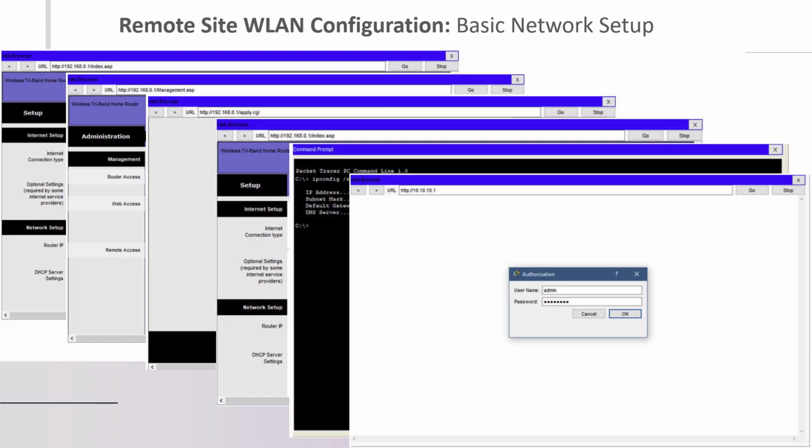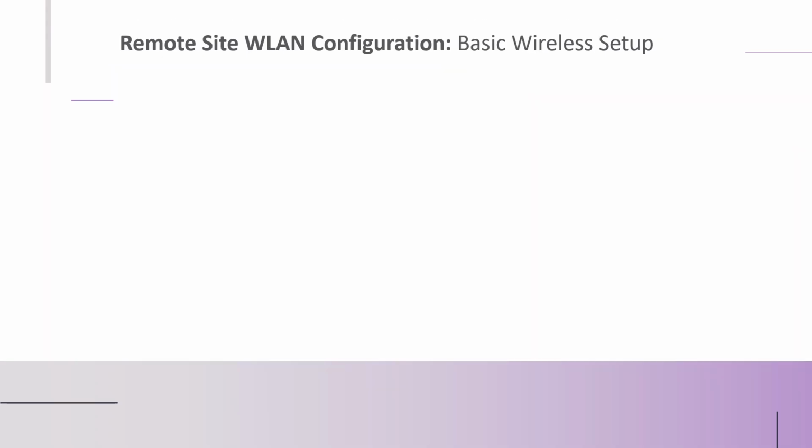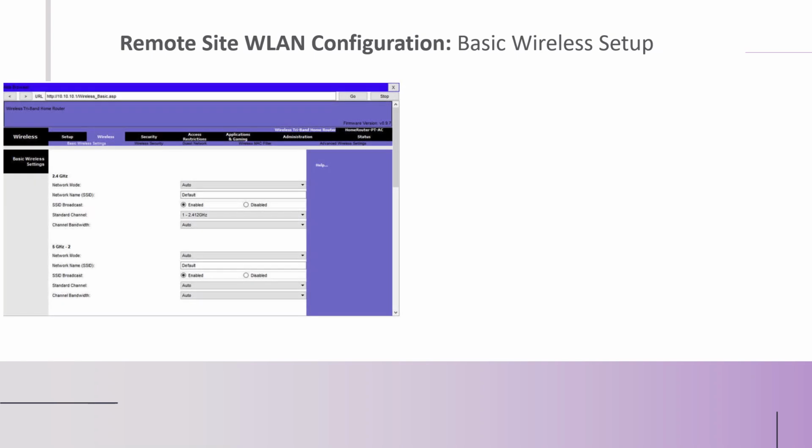So now we will go and configure some basic wireless setup. The first thing to do is to view the wireless LAN defaults. Out of the box, a wireless router provides wireless access to devices using a default router network name and password.